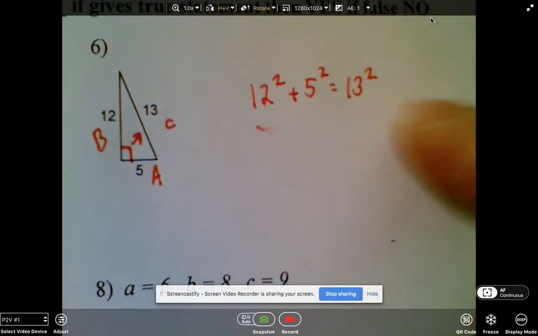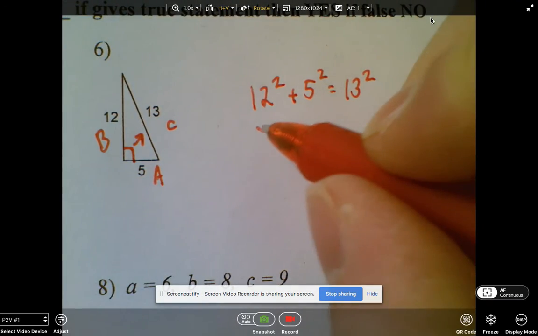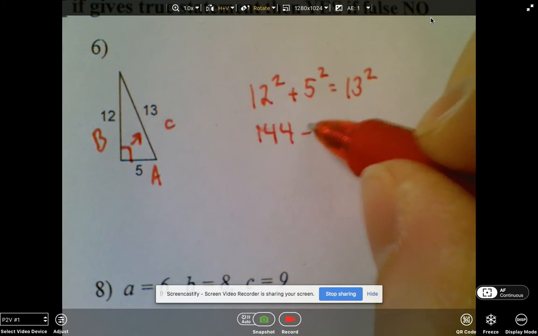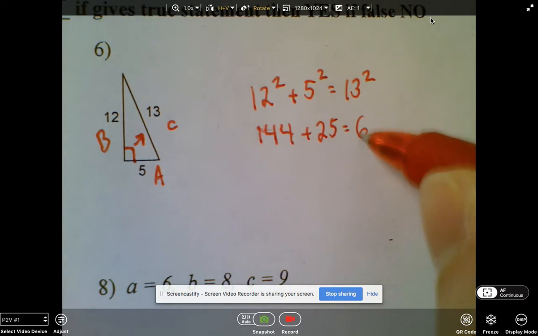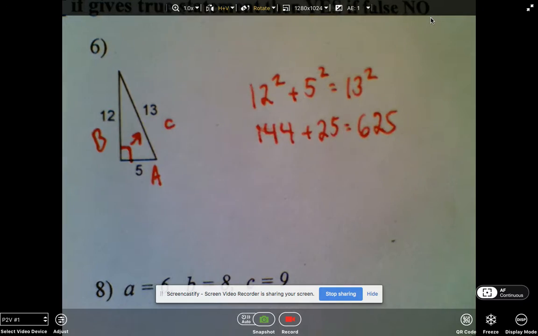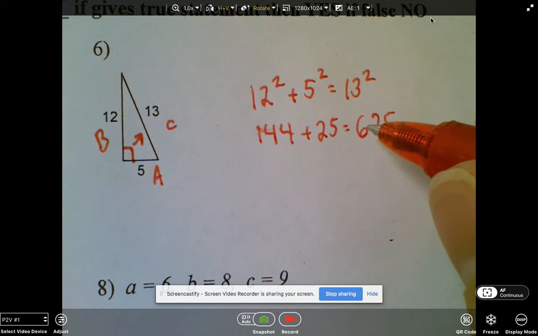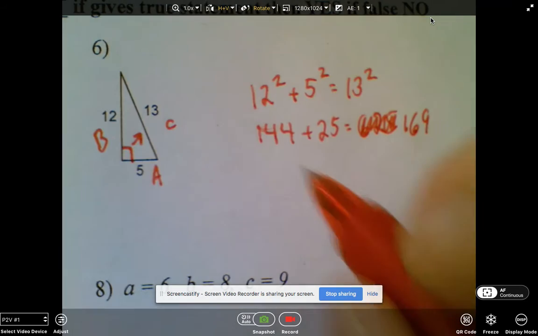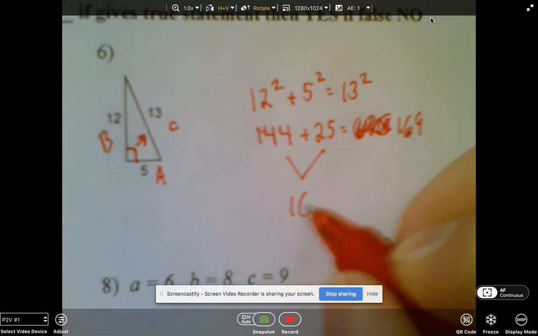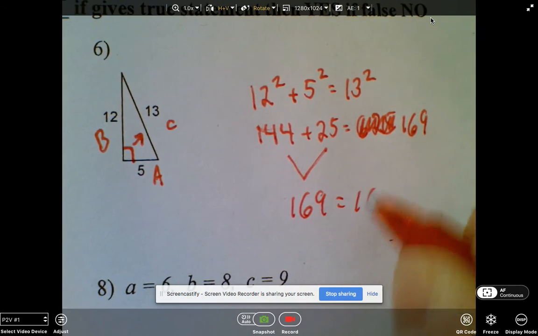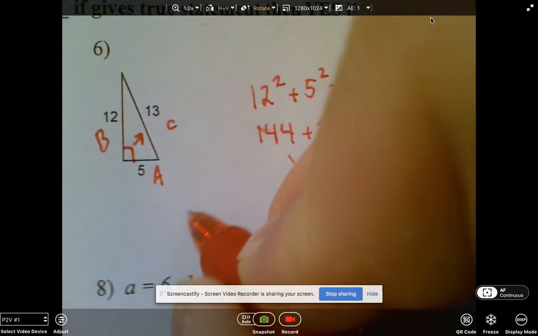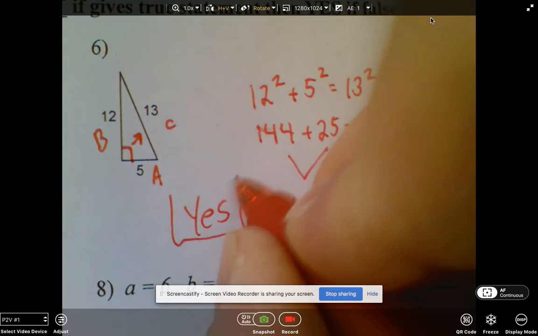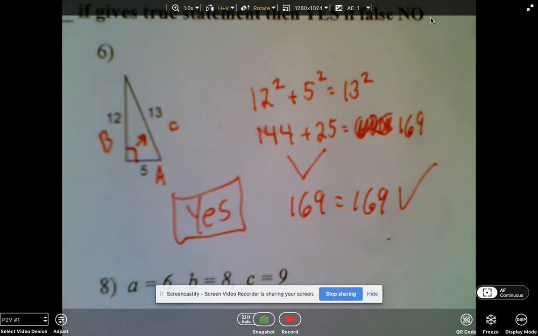Raise your hand if you can maybe tell me all those squares. 144 plus 25 equals, I'm sorry, equals 169. Yeah, that last one you probably didn't know. And actually this plus this is 169. So it's a true statement. So it's a yes. It is a right triangle.